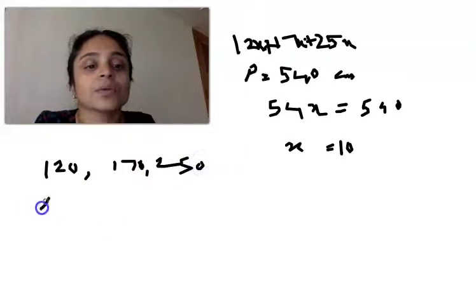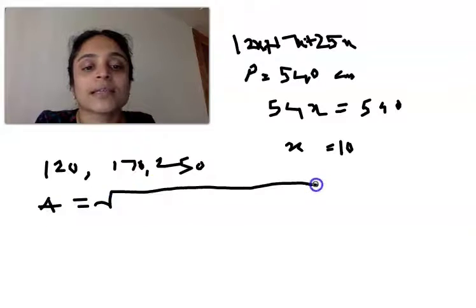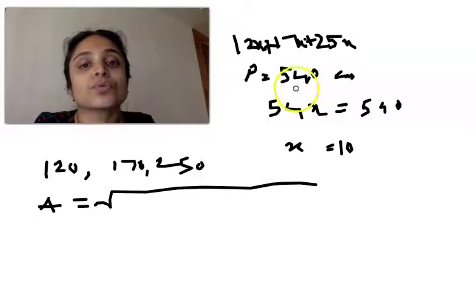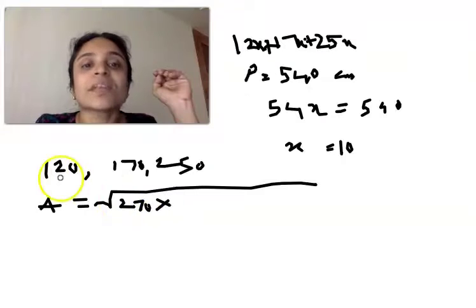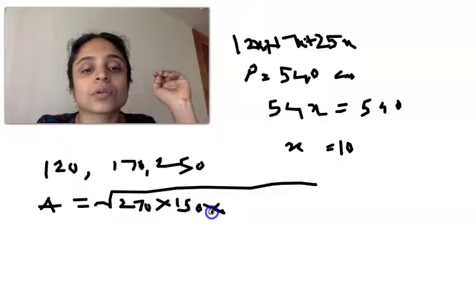Now, area equal to root of S into S minus A into S minus B into S minus C. S is 540 by 2, which is equal to 270. So, 270 into 270 minus 120 is 150 into, then 270 minus 170 is 100 into 270 minus 250 is 20.